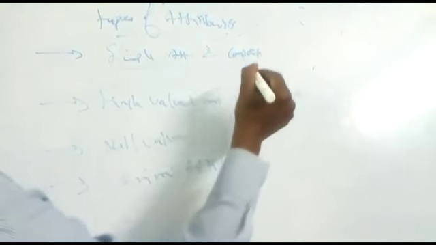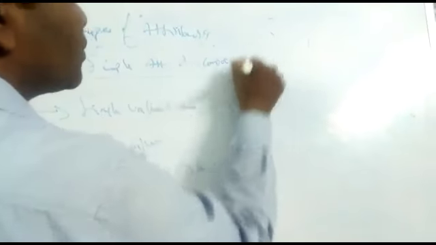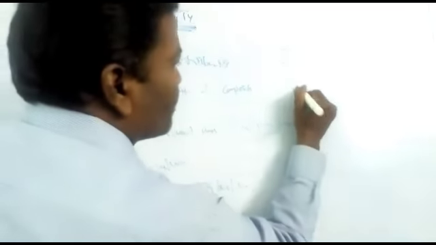First, we talk about simple attributes and composite attributes. Simple attributes cannot be further divided into subparts. Composite attributes can be divided into a number of subparts. For example, name.